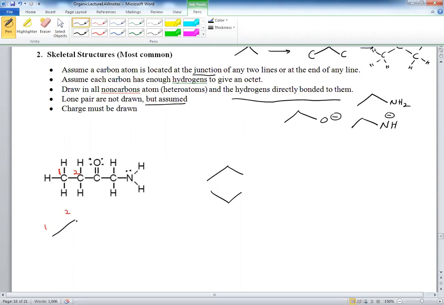Okay, what's coming after that? Carbon 3. Well, if I have up, now it has to be down. And then one thing before you continue is, so again, you have 3. So here's 3.